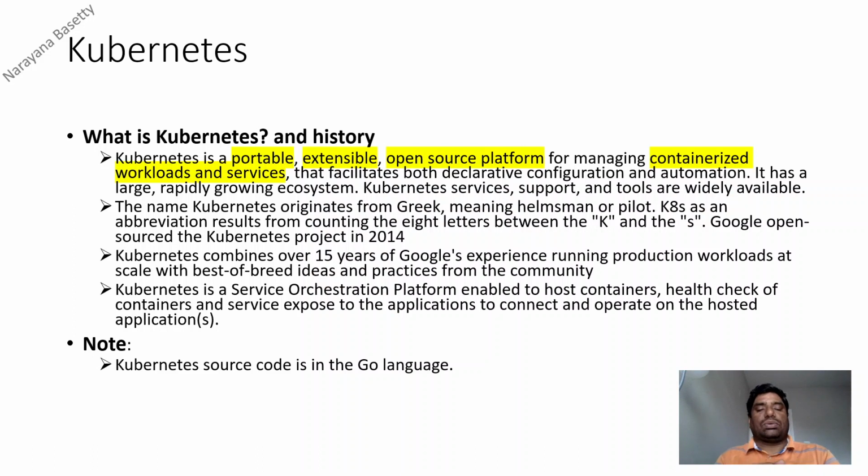Because it is open source, no license cost will be paid by you to the open source team. So that is the reason they clearly specify it's a portable platform, extensible platform, and open source platform.